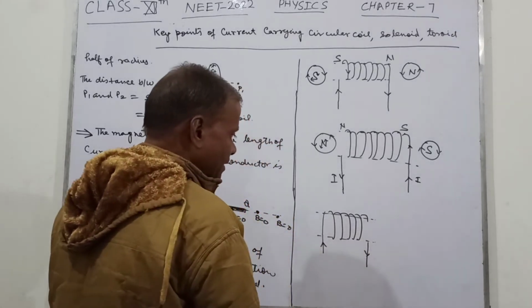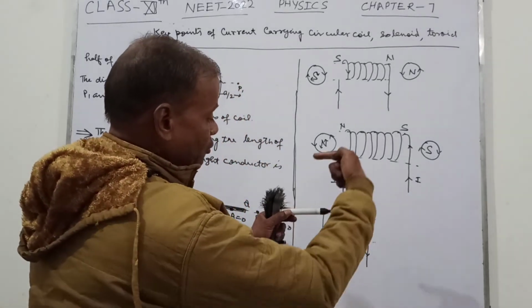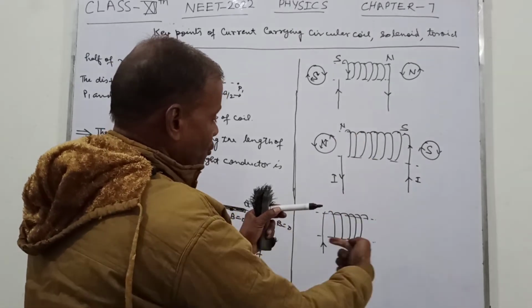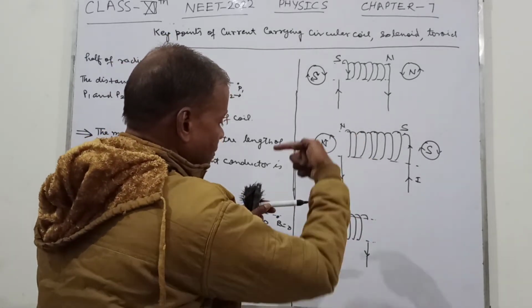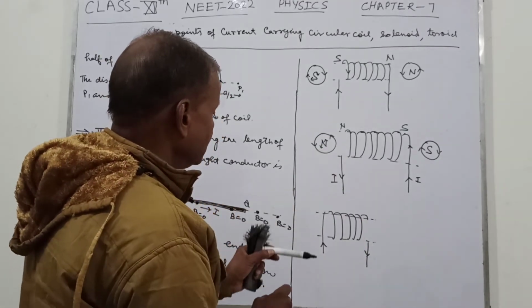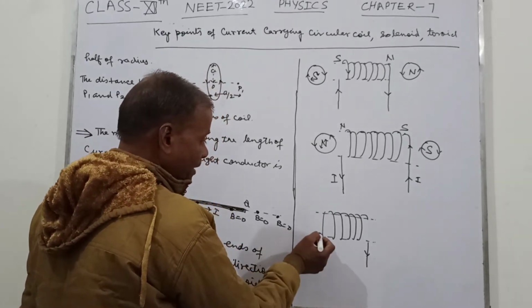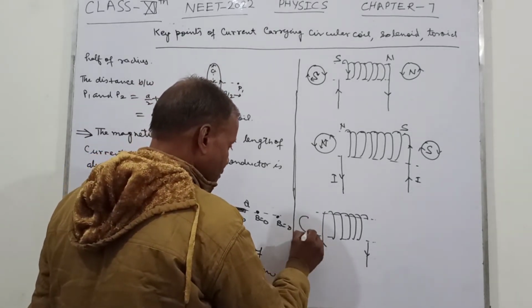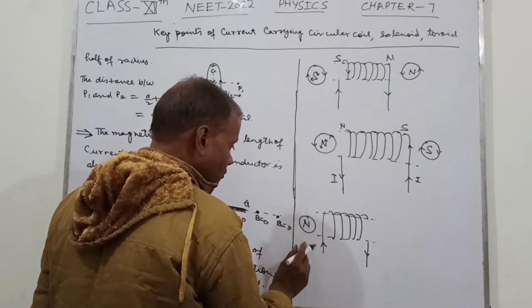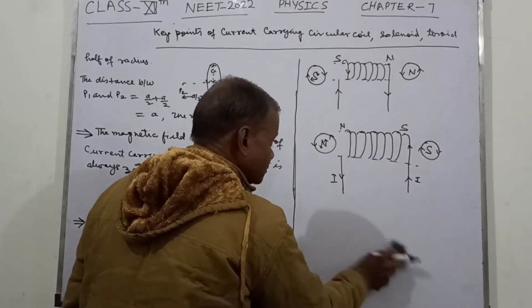Suppose this I carry the current. This is why I have taken it to be like this one. So here this is appearing clockwise. This is not clockwise. So when I am having this current going like this one, then I will have this to be the north pole.